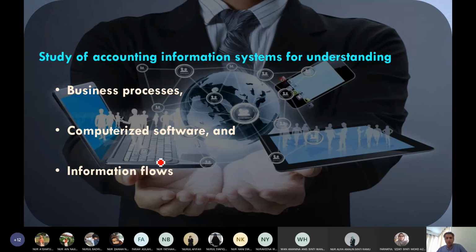So it's a long list of processes, which generally we can classify into financial and non-financial processes. That's why we need to understand the business process and then apply that concept into the computerized software.